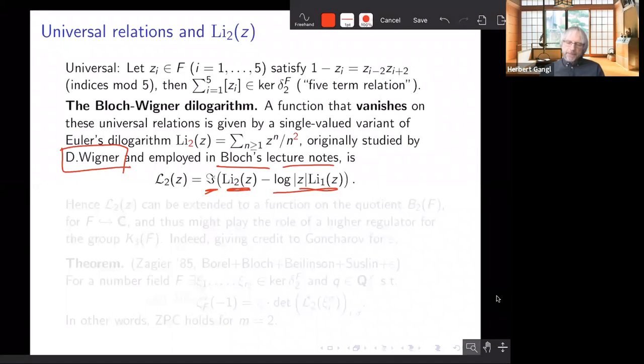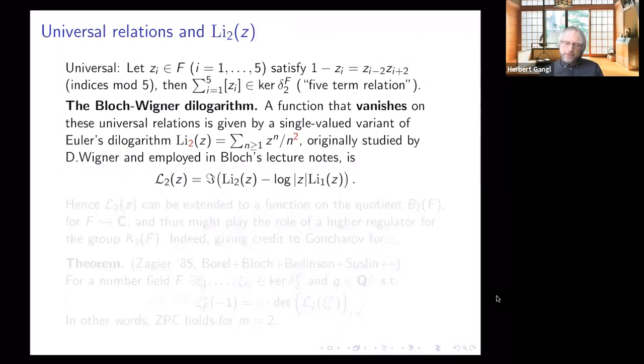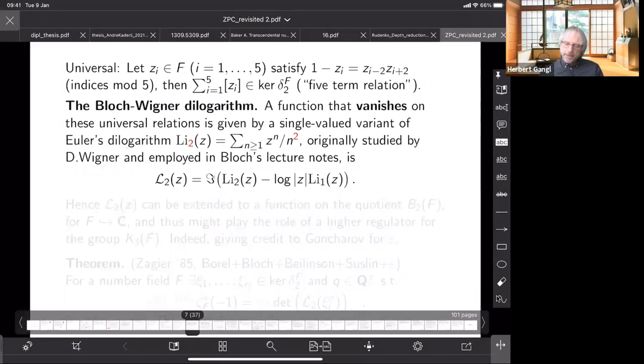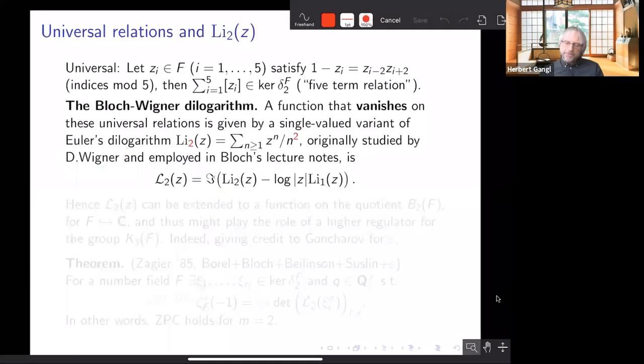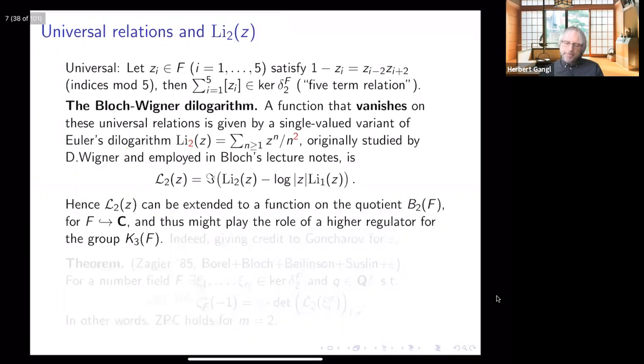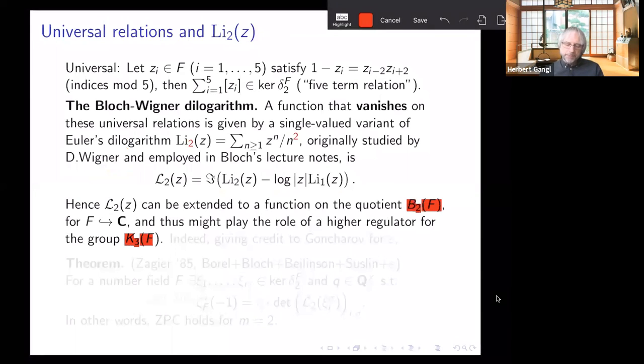So L2 of z now can be extended to a function on the quotient that we defined as B2 of f, and therefore it might play the role of a higher regulator for that K group which this B2 of f is supposed to represent.